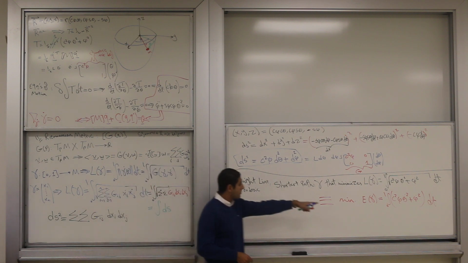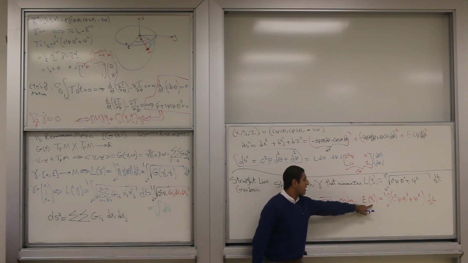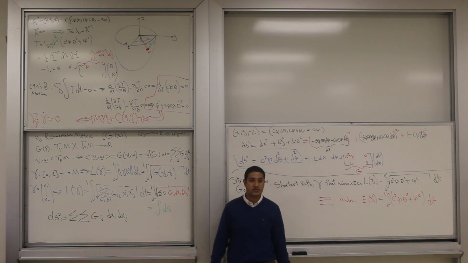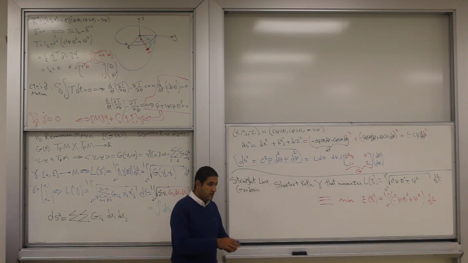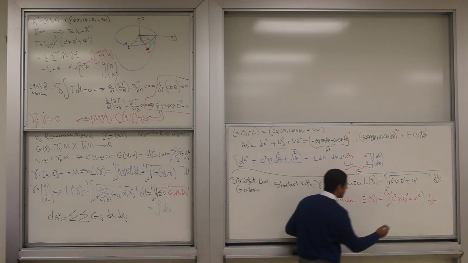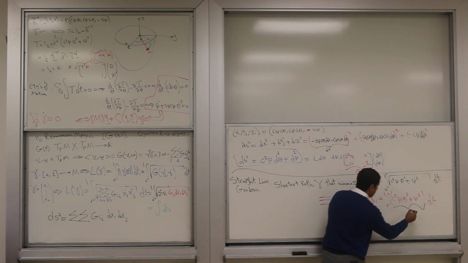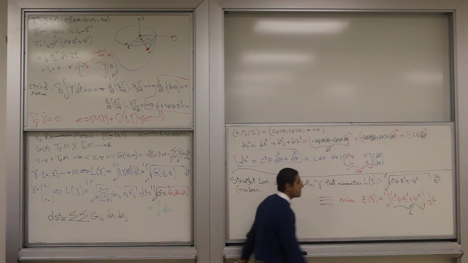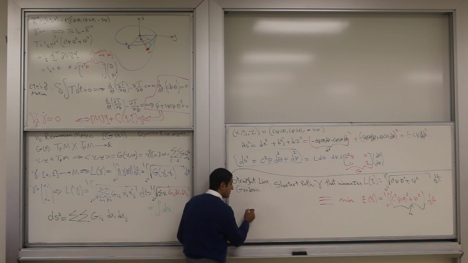How do you solve this problem? If I told you find gamma that minimizes this integral, how do you solve it? Take the function, this integrand, whatever you want to call it, let's call it say Lagrangian. And what do we do? First variation. It's d by dt.